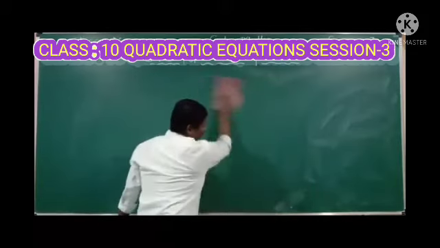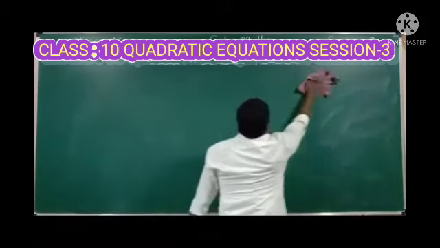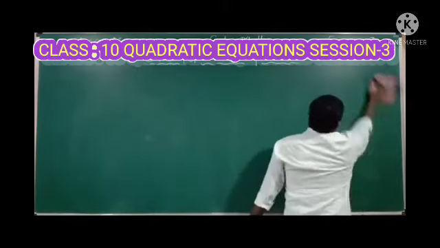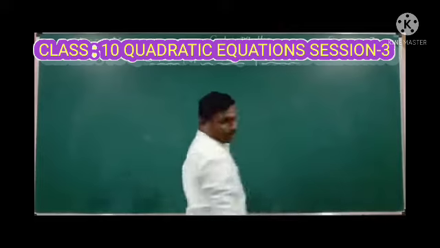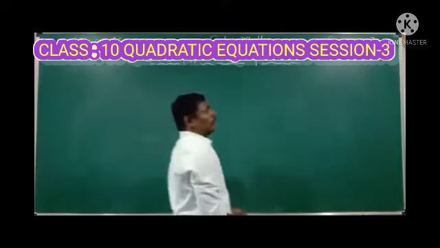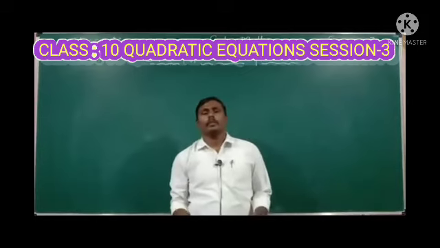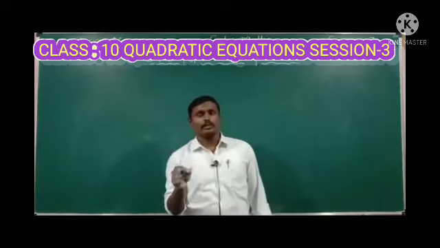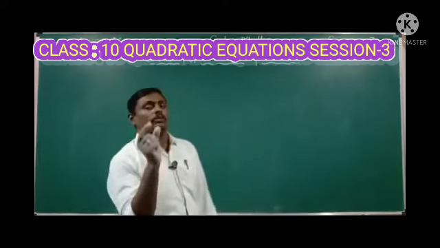So before converting the roots into a quadratic equation, we need to consider the given roots as equal to x, right? Because we are taking the roots as equal to x, we will simplify and convert it in terms of a quadratic equation.